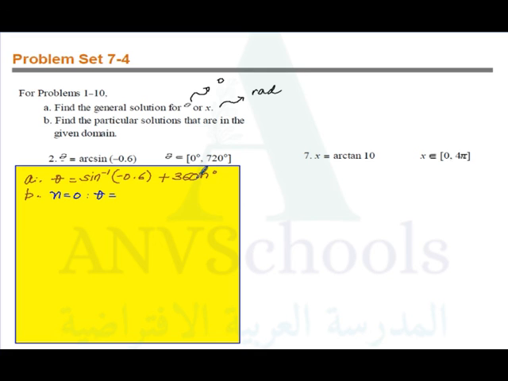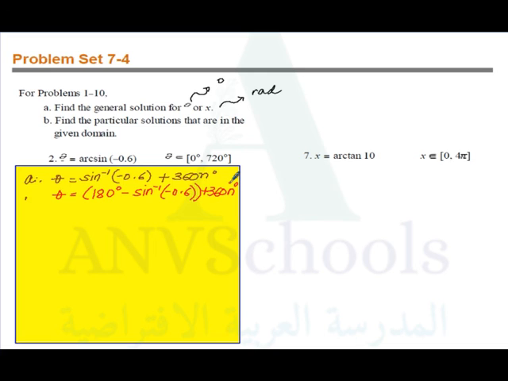Yeah, I forgot to write the other one. The other one is actually theta is equal to 180 degrees minus arcsine of negative 0.6, plus 360n in degrees.